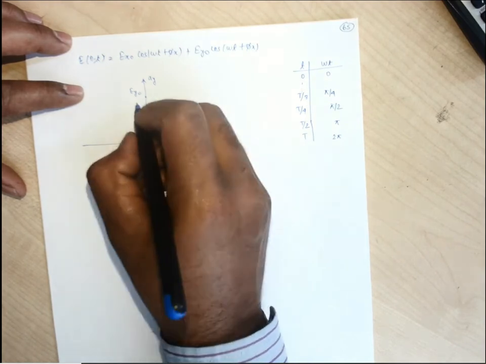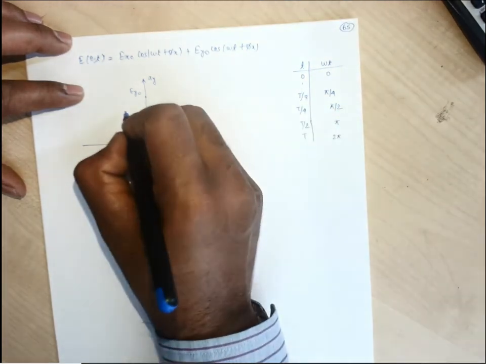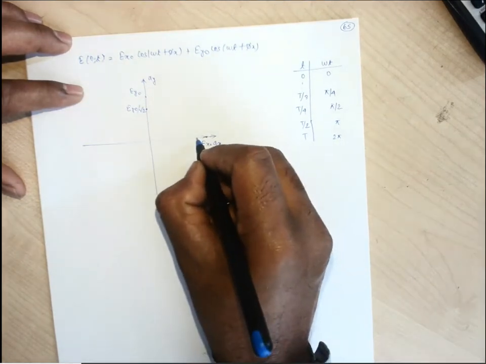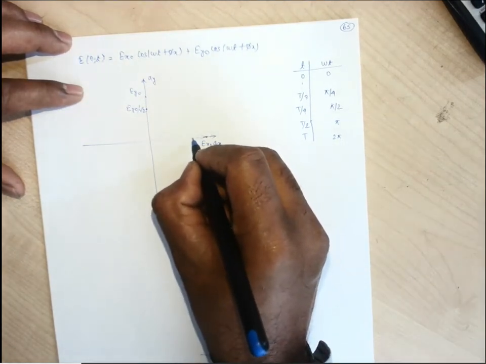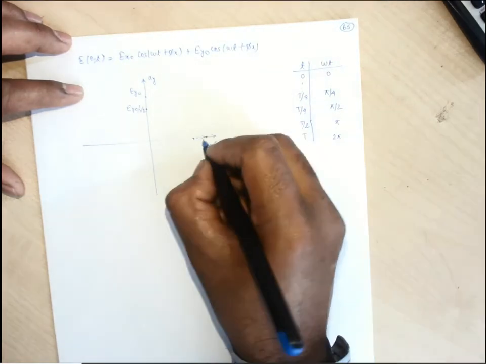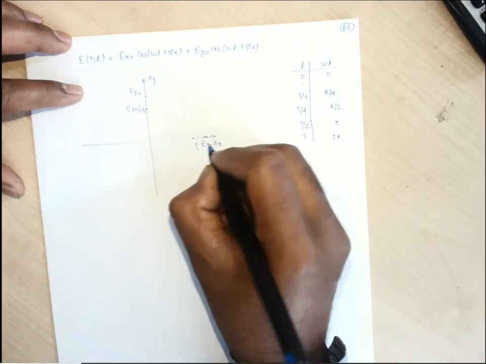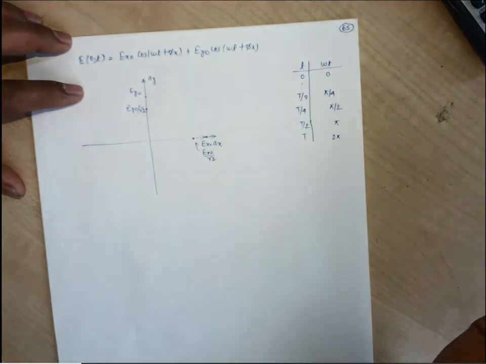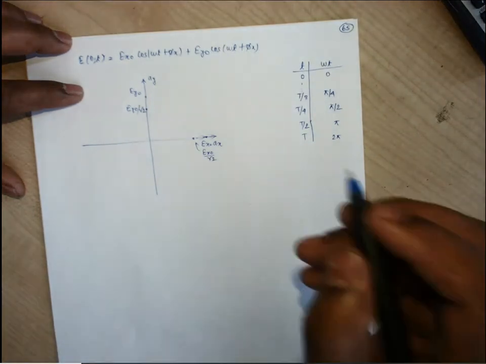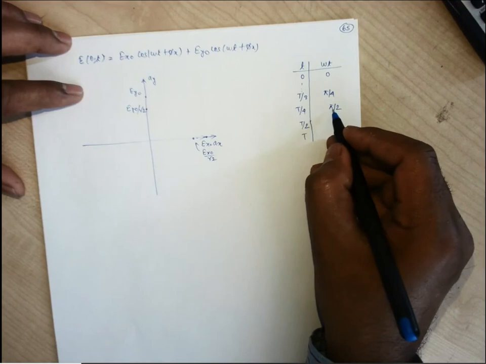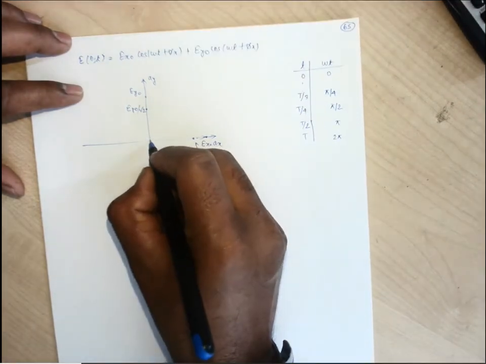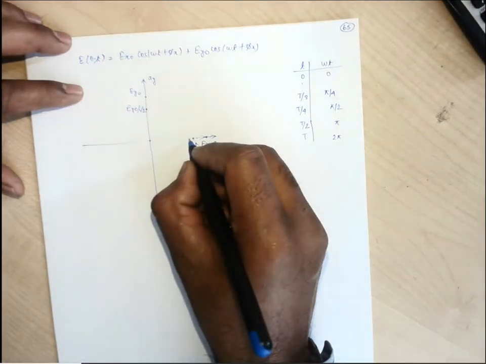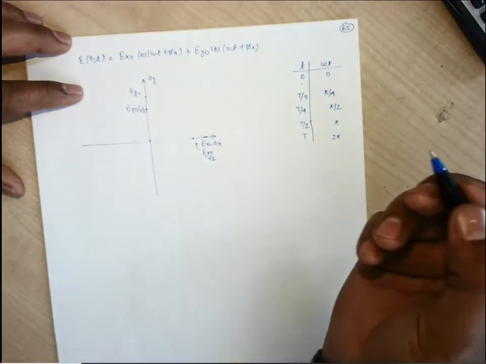This is your ey0 by root 2, and this value here, this is ex0 by root 2. This is for t by 8. So for t by 4, it is pi by 2, that is origin. Okay. So it will be somewhere here. We'll draw that one.